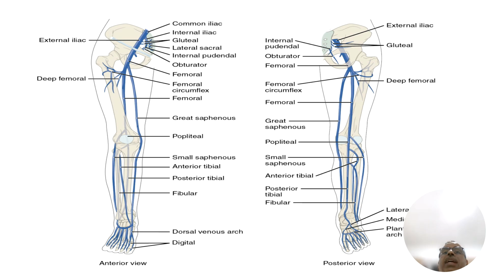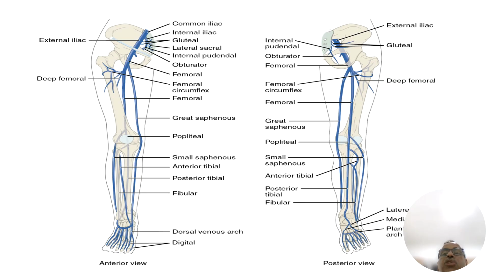Now, this femoral vein enters behind the inguinal ligament to go into the lower part of the abdomen, and then it becomes the external iliac vein. So if you see in this anterior diagram, as the femoral vein crosses behind the inguinal ligament, it becomes the external iliac vein.